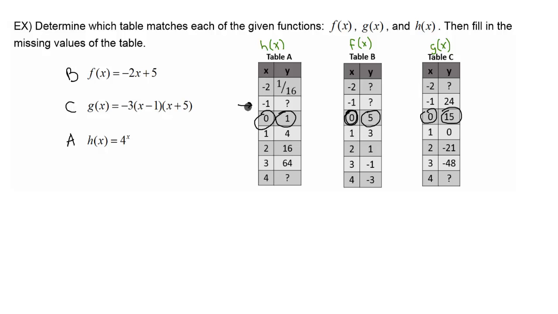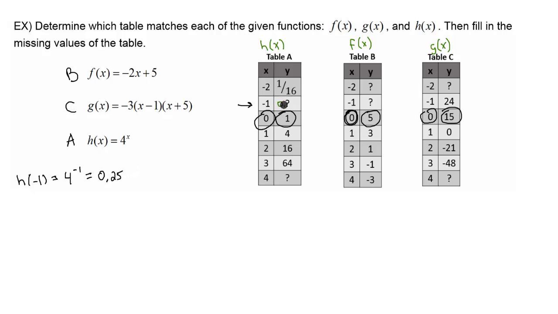For example, this first one right here, when x is negative 1, we have to figure out what y is. So I'm going to plug that into h of x. I'm going to evaluate h of negative 1. All that means is that I have to plug in a negative 1 for that x. So instead of 4 to the x power, I do 4 to the negative 1 power. That's going to give me 0.25.